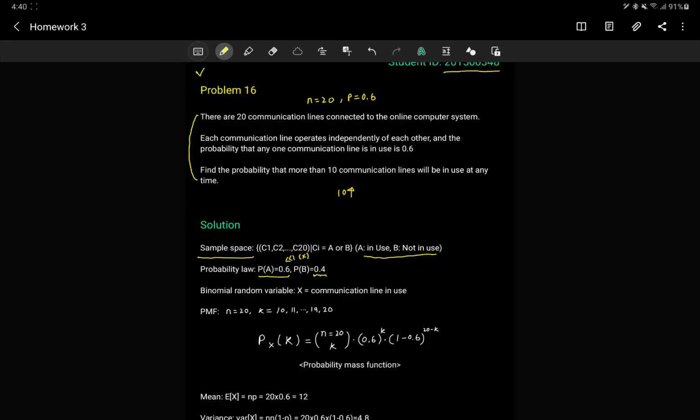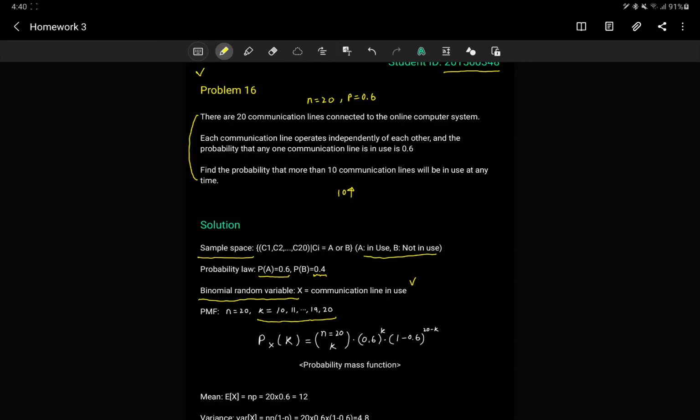Therefore, I introduced the binomial random variable X. At this time, the binomial random variable X is the number of communication lines in use. So, the probability mass function for the probability of using exactly k of the 20 communication lines is as follows. At this time, k is an integer from 10 to 20.